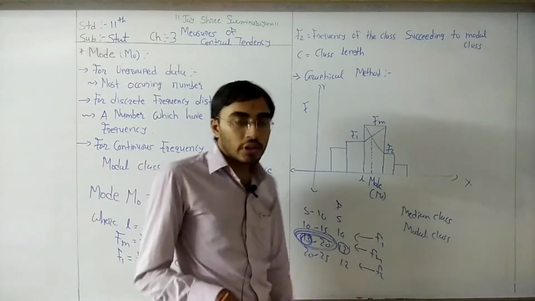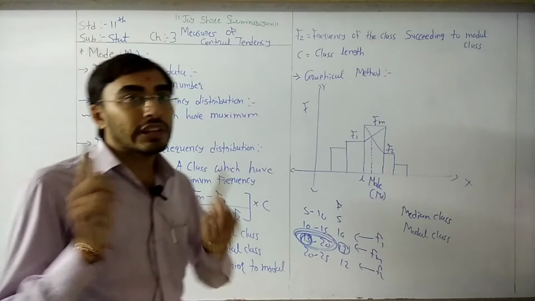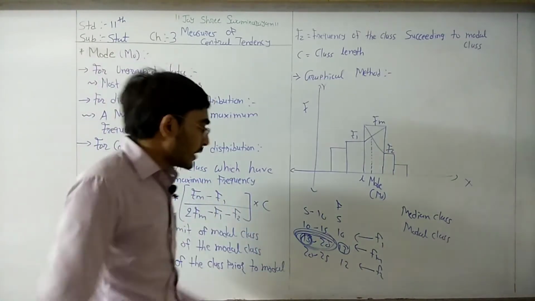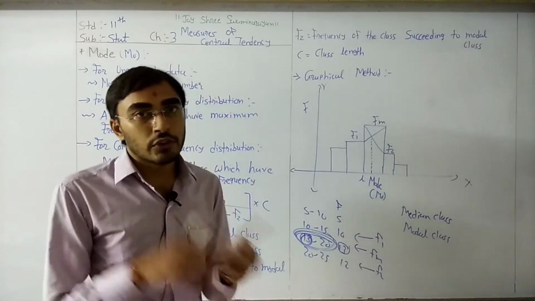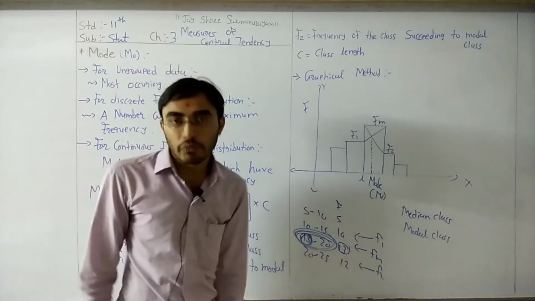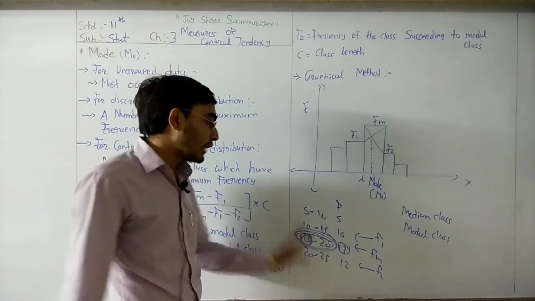Same way in mode, if we find the mode, then our answer of mode always lies in the modal class. That means here our modal class is 15 to 20. So definitely our answer of mode lies between 15 to 20. It cannot be more than 20. It cannot be less than 15.